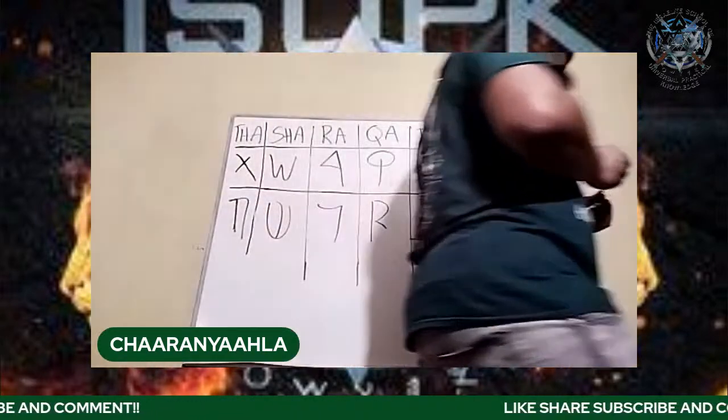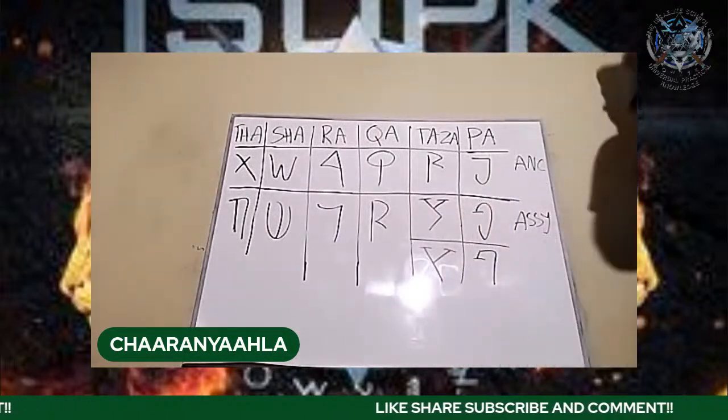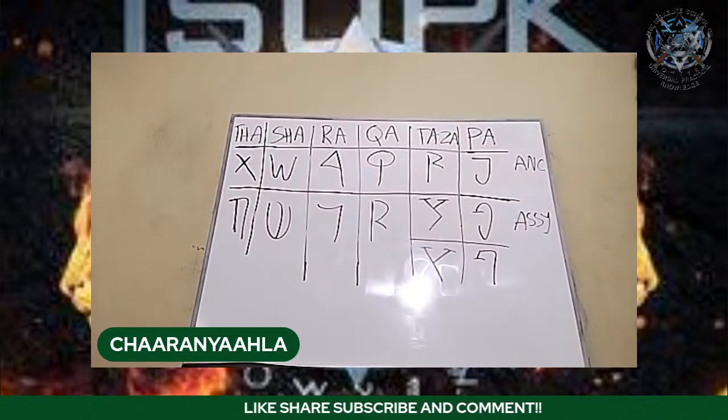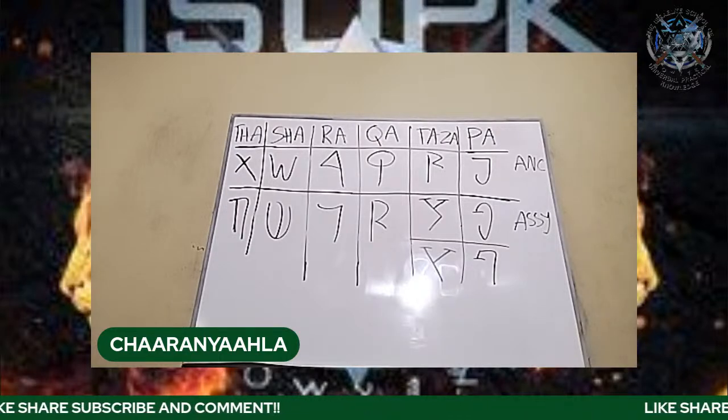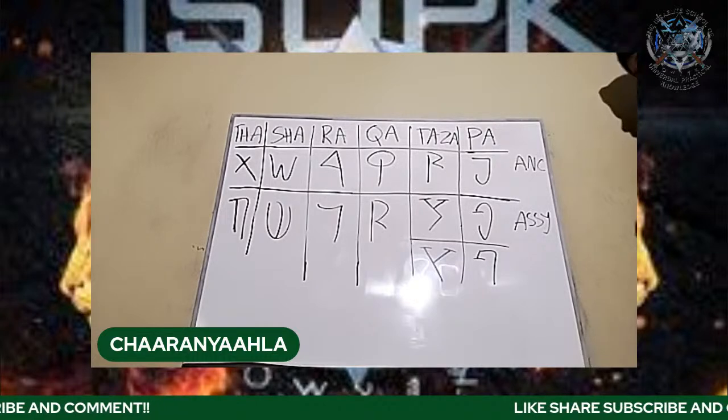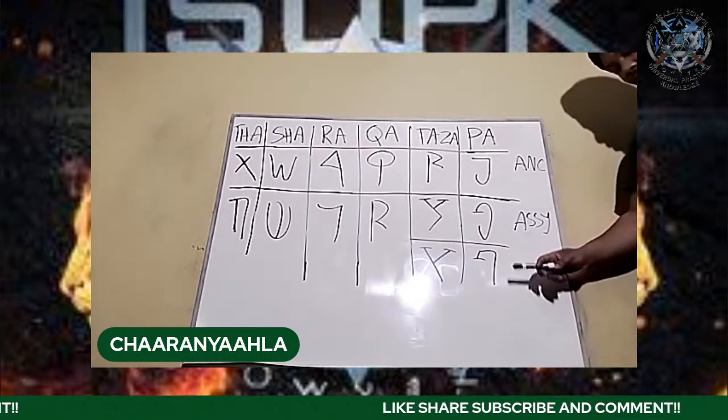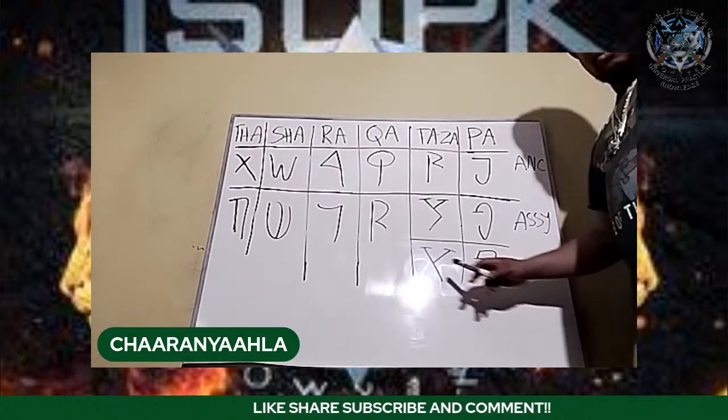Last six characters, last eight in the Assyrian Hebrew. All right. Pa, Tazah, Kwa, Ra, Sha, and Tha. All right. Notice down here, we have two extra characters.